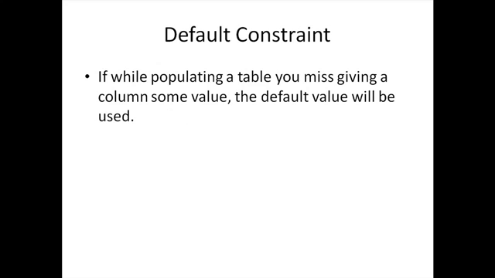The next constraint that we will be talking about is the default constraint, and as the definition says, if while populating a table you miss giving a column some value, the default value will be used.